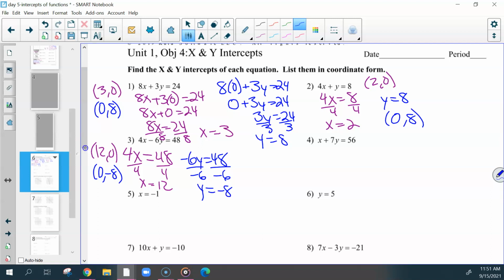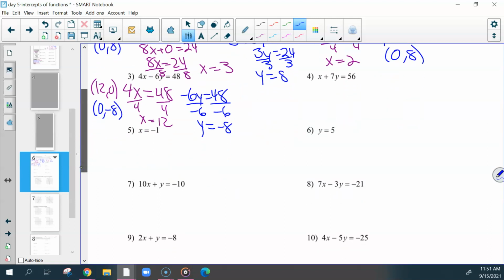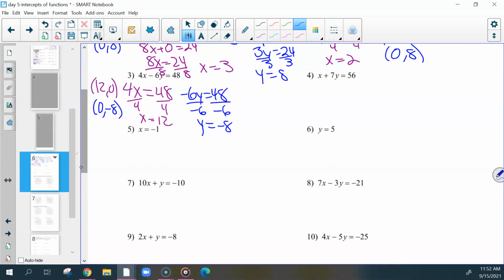Really quickly, for number 5 and number 6, they're kind of trick questions, but also kind of not. If I have x equals negative 1, what we'll talk about later, and what you may remember is that this is going to be a straight line. This is my matrix graph over here. Let's say that x equals negative 1. What would the x-intercept be?